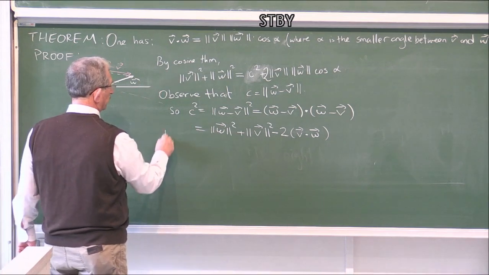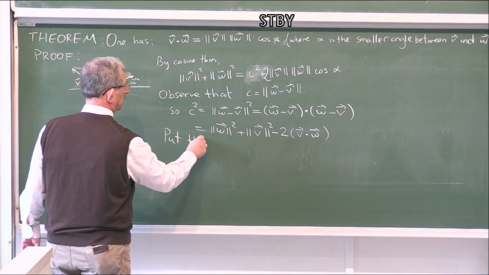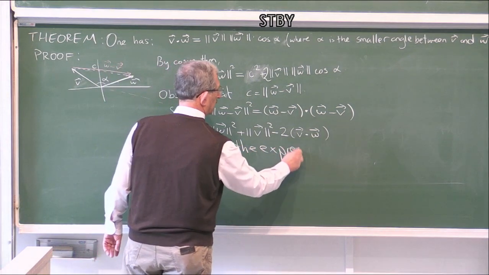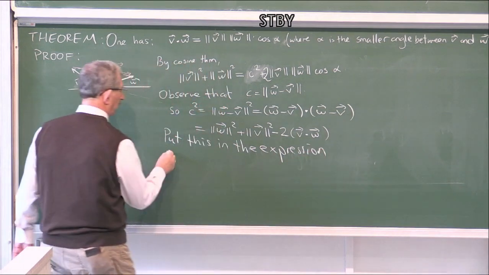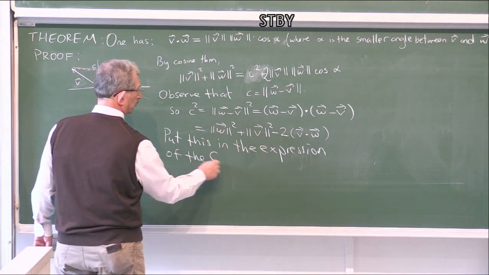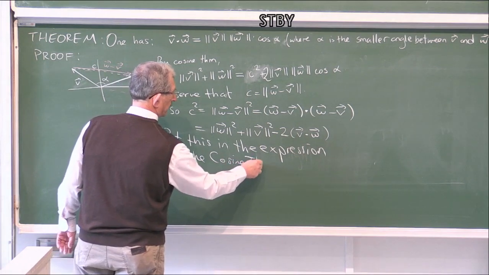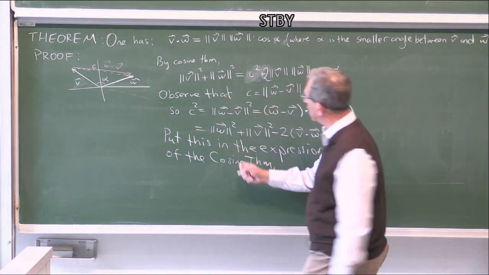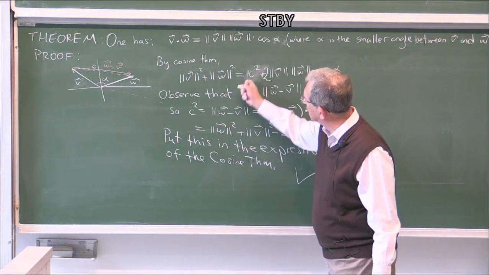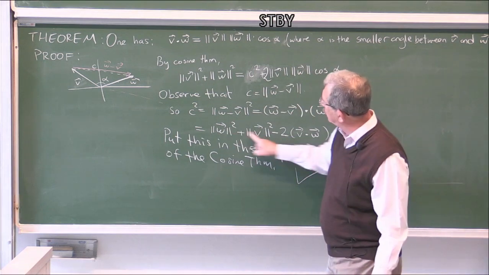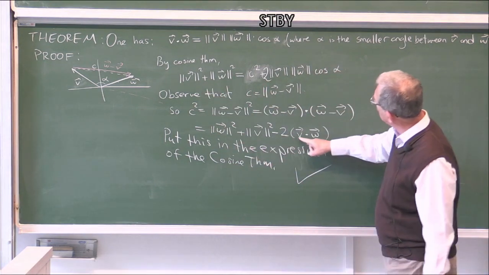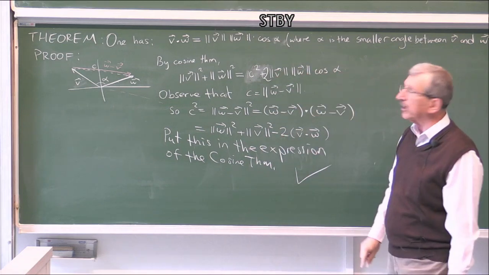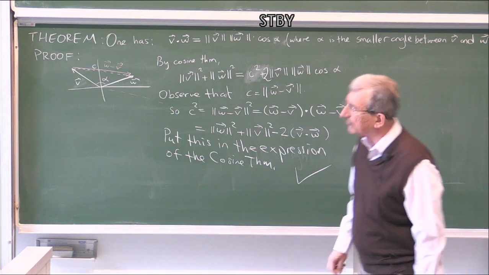Put this in the expression of the cosine theorem, and this gives you the result, because when you replace C squared with this term, these two terms cancel, and you have 2 times this thing equal to 2 times the inner product. So we get the result.